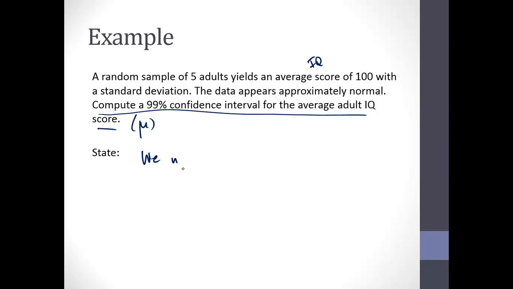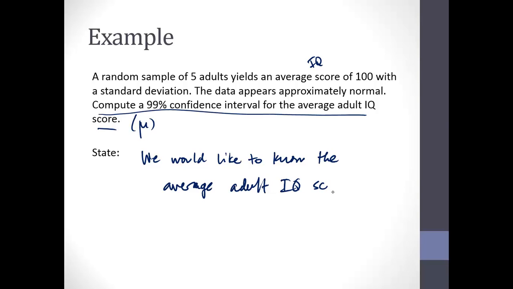We would like to know the average adult IQ score. I was taking what's said in the problem and translating it into the practical question we have to deal with here.